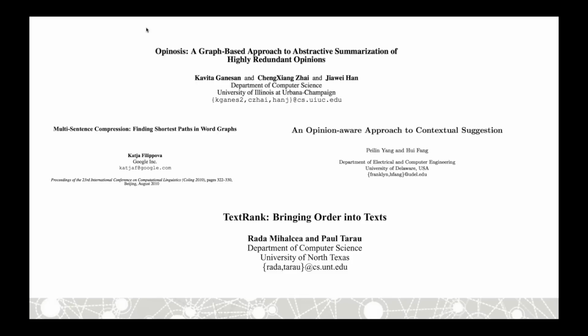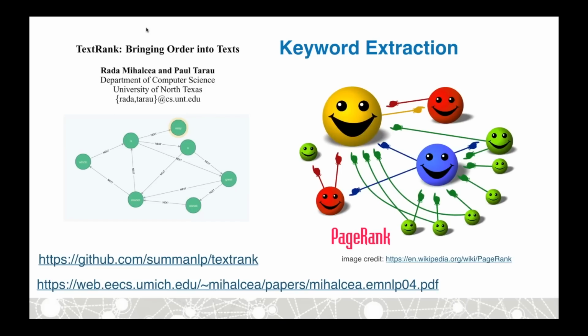The first one we'll look at comes from a paper called TextRank: Bringing Order into Text. Basically, what this method involves is building the text adjacency graph that we used earlier, and then running PageRank on that graph.